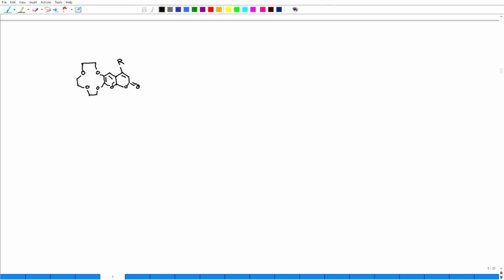This one is the fluorophore and this is the receptor. This receptor and fluorophore are integrated. Okay. And what is the name of this receptor?